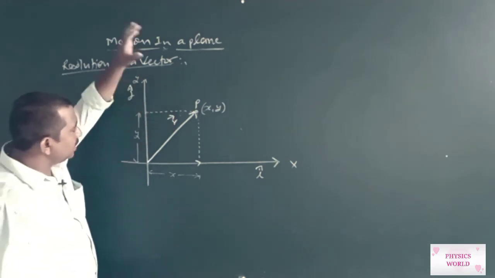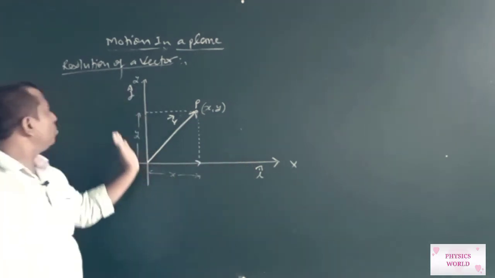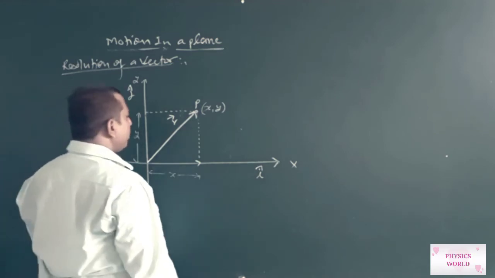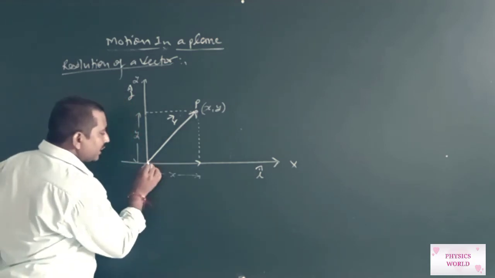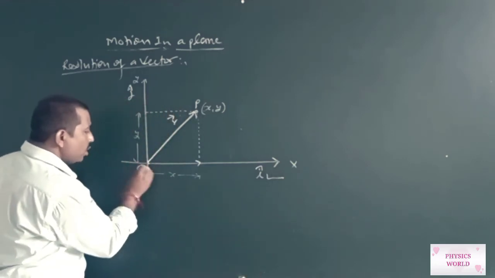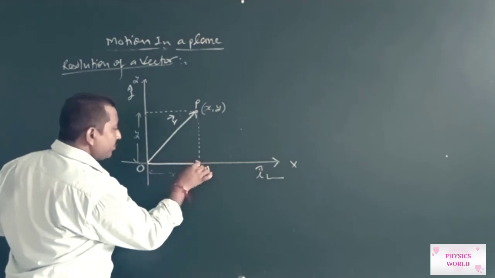So we want to express this vector r in terms of xi and yj. This can be expressed easily if we take the direction of the x-axis as i cap. The distance from O to this point A is x.